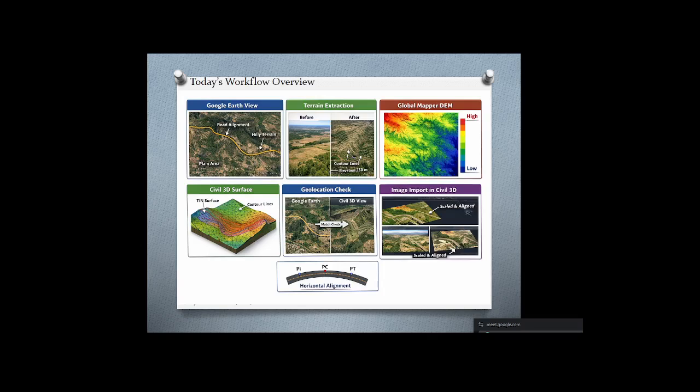Before going inside the software, I want you to understand all of this. See the different images I put in here: Google Earth view, terrain extraction, Global Mapper DEM, Civil 3D surface, geometry check, image import in Civil 3D, and horizontal alignment.